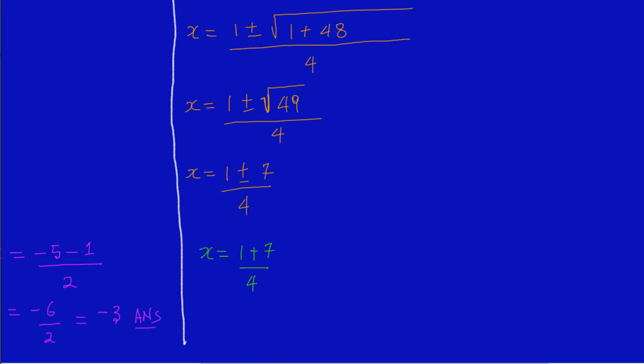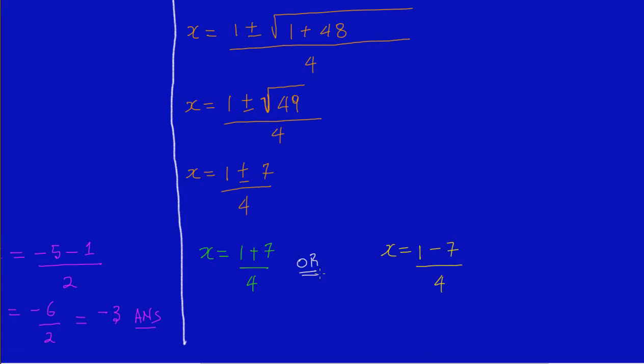Or x is equal to 1, and I'm going to put my negative sign now, minus 7, all over 4.